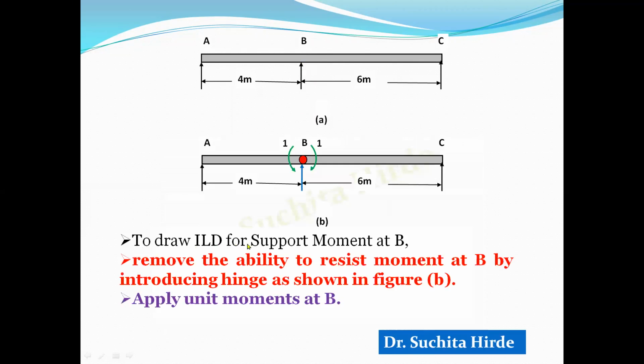To draw ILD for a support moment at B, remove the ability to resist moment at B by introducing a hinge as shown in the figure. Here we want to remove its bending capacity, and therefore we will introduce a hinge there. And then we will apply unit moments at B. Now when we apply the unit moment at B, let us see what shape we can get.